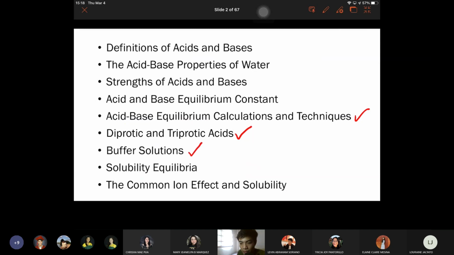Buffer solution, you remember the forms of the Henderson-Hasselbalch and how to perform basic calculations with it. On Monday, we will continue with the last two topics. Mabilis lang yan. The solubility equilibria and the common ion effect and the solubility.